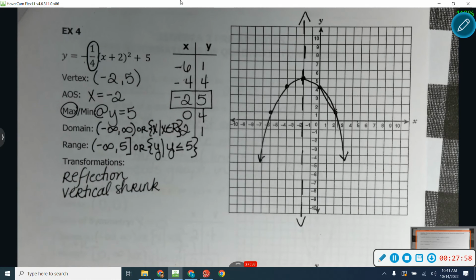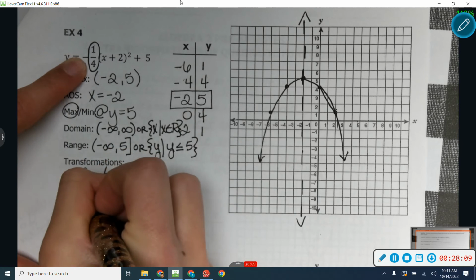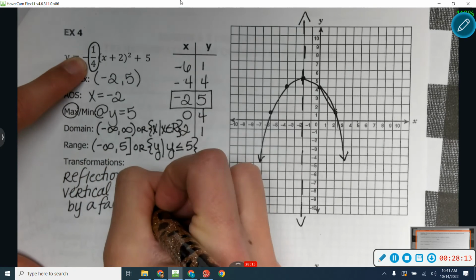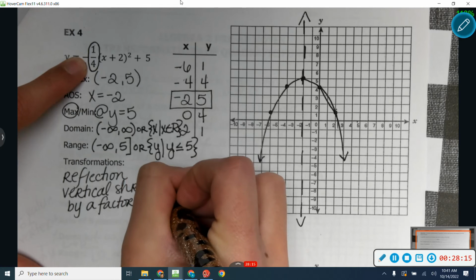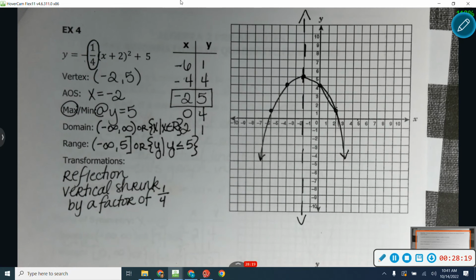You're going to do that in pre-calc, all right? We're going to go ahead and just implement it, okay? We didn't do it with absolute value, but we're going to do it here. All you're doing is telling me by a factor of whatever that value is. So by a factor of 1/4. It's not a hard thing to add into your transformations, but might as well learn it now because you're going to do it next year.